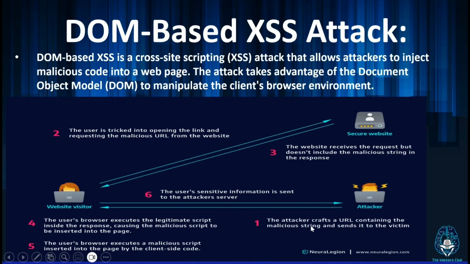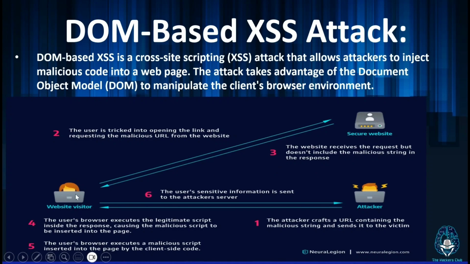The attacker crafts a URL containing the malicious string and sends it to the victim. The user is tricked into opening the link and requesting the malicious URL from the website. The website receives the request but doesn't include the malicious string in the response.